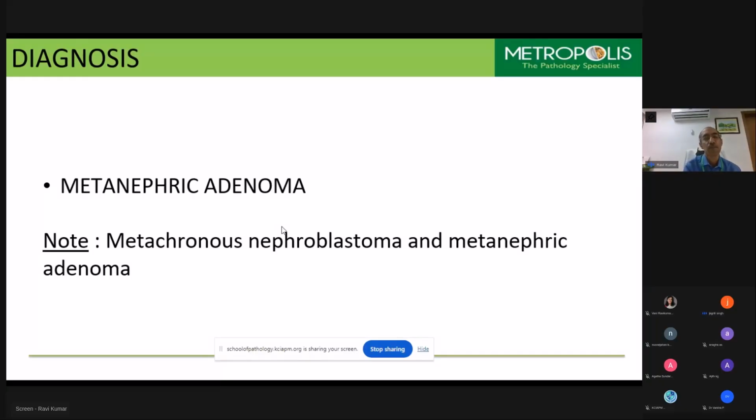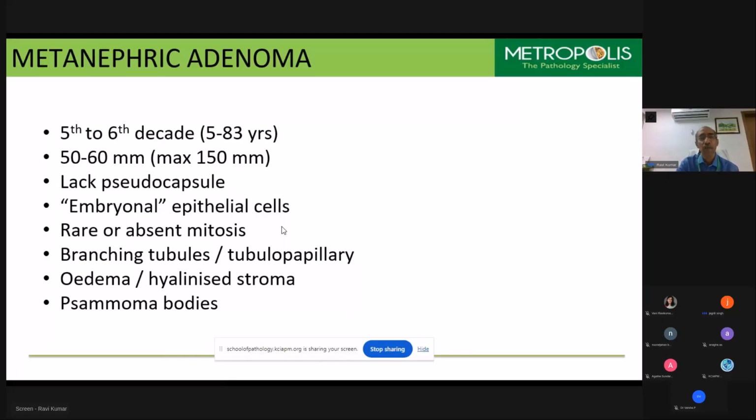Note that this would mean that this is a case of metachronous nephroblastoma and a metanephric adenoma, which is a very, very unusual lesion. So metanephric adenomas are generally in the older age group, and the youngest mentioned in WHO is 5 years, and ours is not even close to that. So that is against a diagnosis of metanephric adenoma.